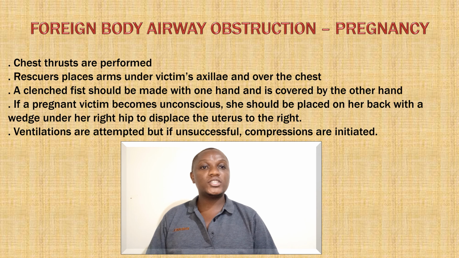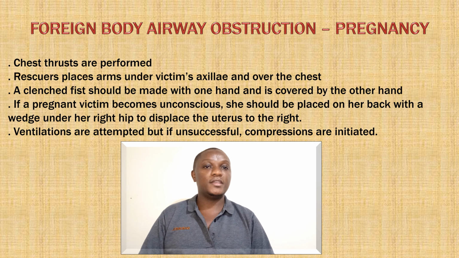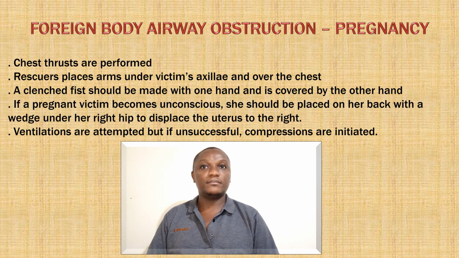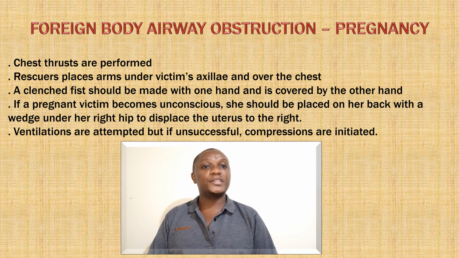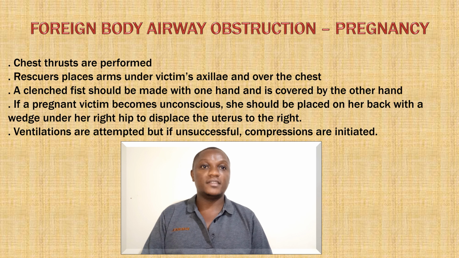A clenched fist should be made with one hand and covered by the other hand. If a pregnant victim becomes unconscious, she should be placed on her back with a wedge under her right hip to displace the uterus to the right. Then ventilations are attempted, but if unsuccessful, compressions are initiated.